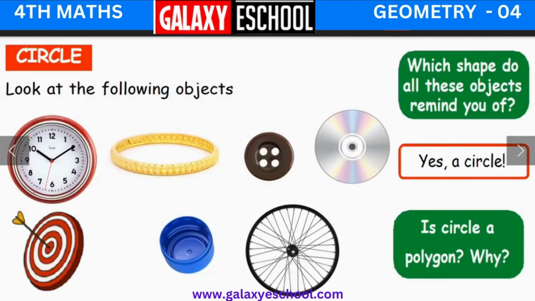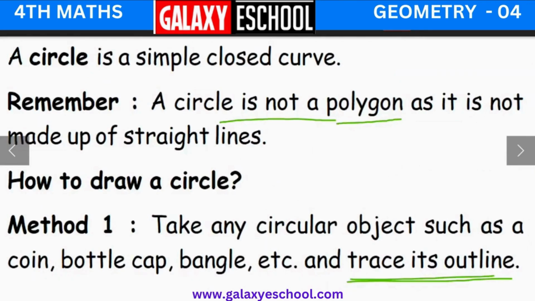For example, if I choose this bangle, I'll place the bangle on a piece of paper and, following the outline, draw a circle on the paper. After drawing, when I remove the bangle, we'll be left with only a circle on the paper.